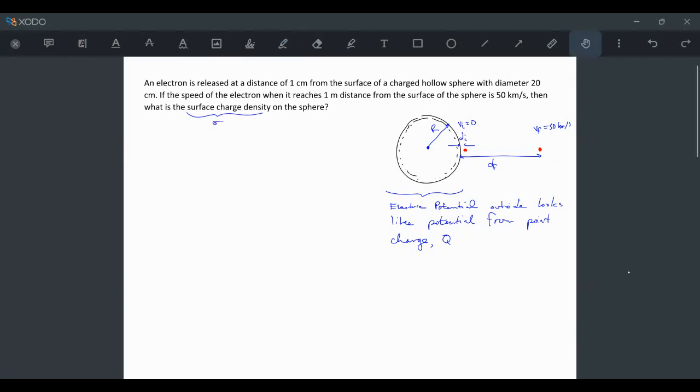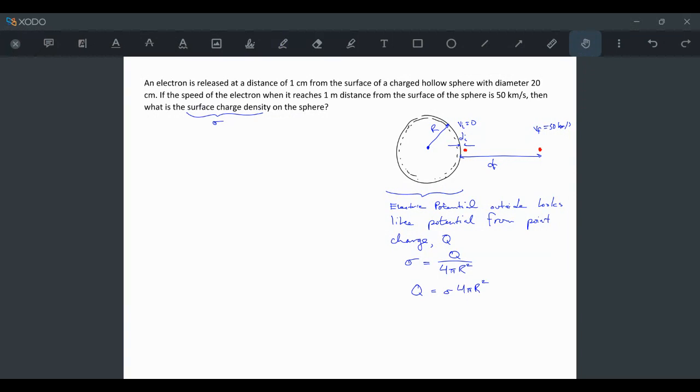Imagine you have a charge Q and you distribute it over the surface of this sphere. So sigma is the amount of charge per unit area. So if you have charge Q, the area of a sphere is 4 pi r squared, just the surface area there. So that's what sigma is. We'll sub this in later, maybe in this form. But with that in mind, we can get underway.